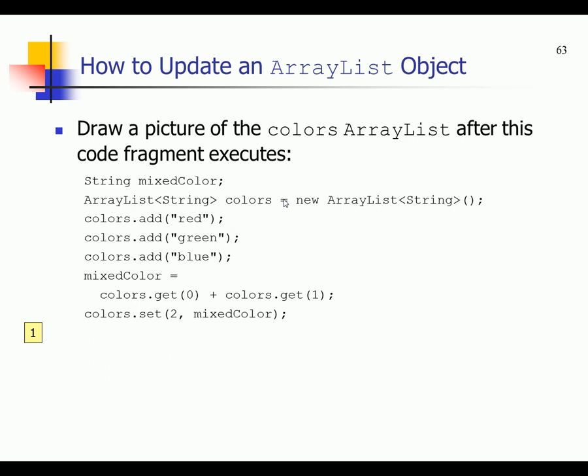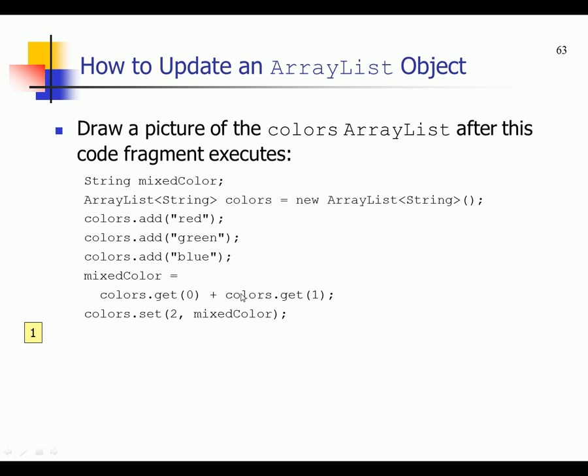Mixed color is a string, equal to colors.get(0) plus colors.get(1). What's colors.get(0)? Red. Then we have a plus, but it's really a string concatenation character. Then colors.get(1) will return green. So mixedColor is equal to red, green.